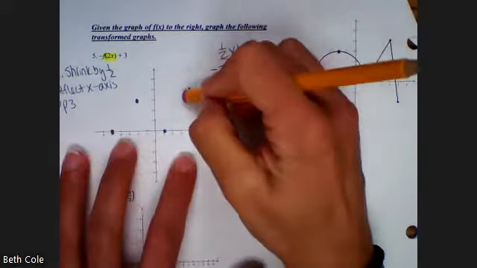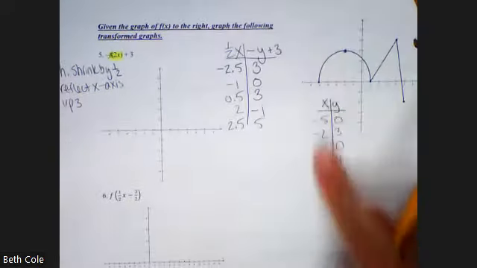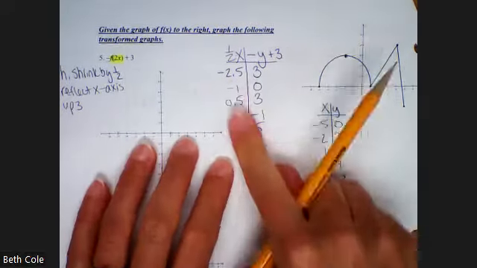Oh, what did I do? I did the original one. Sorry, I was looking at the wrong grid. I was looking at this one. No, sorry. Plot the new one, please.